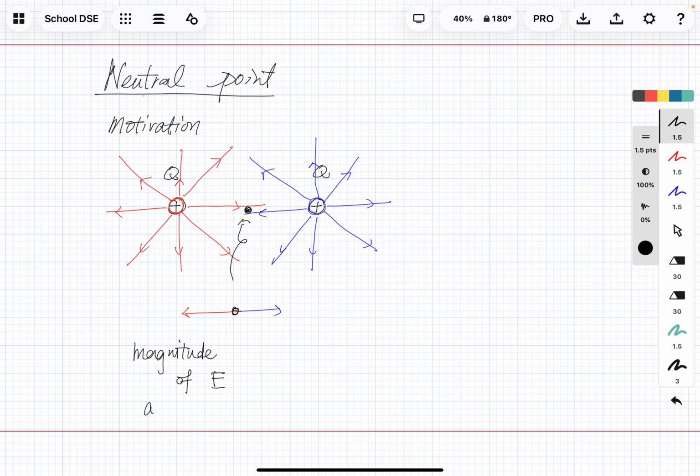The mass is always positive. So the field lines will always be pointing towards the mass. So it will be the same in this case that this must be the region where I have the neutral point. Region where the neutral point is located.